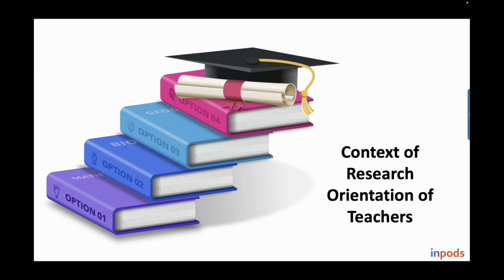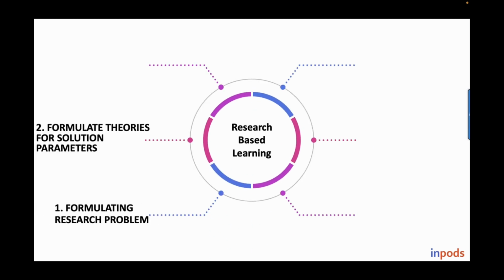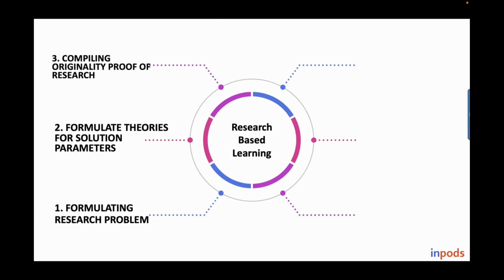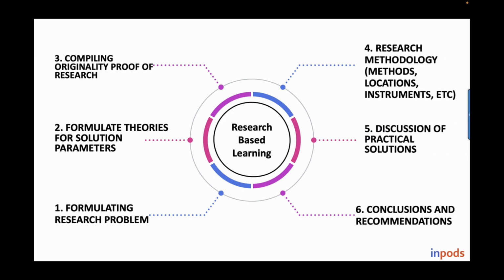So that is where the context of research orientation comes into the picture. Essentially, teachers are asked to do research primarily to prepare them to deliver those four C's, and to help students become lifelong learners.